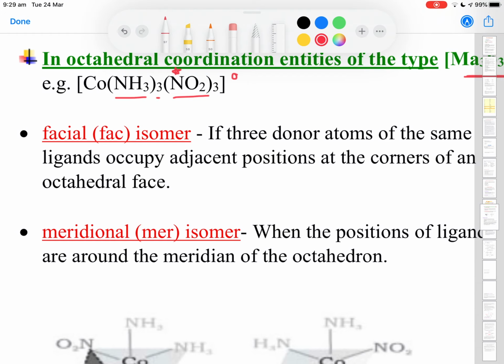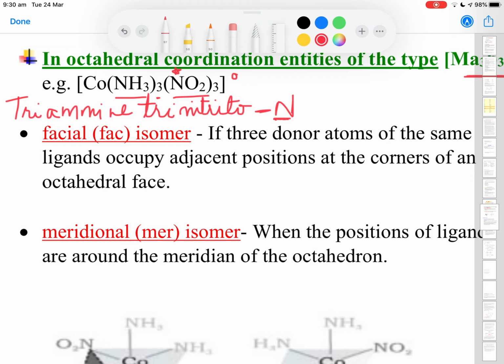Now it's 3. 3 means tri. So triamine, right? Triamine, fine. Then again it's 3, so I'm going to use tri again, nitrito, because it's an anionic ligand, so ending with O, hyphen N. N signifies that it's an ambidentate ligand and bonded with the metal atom through the nitrogen atom.